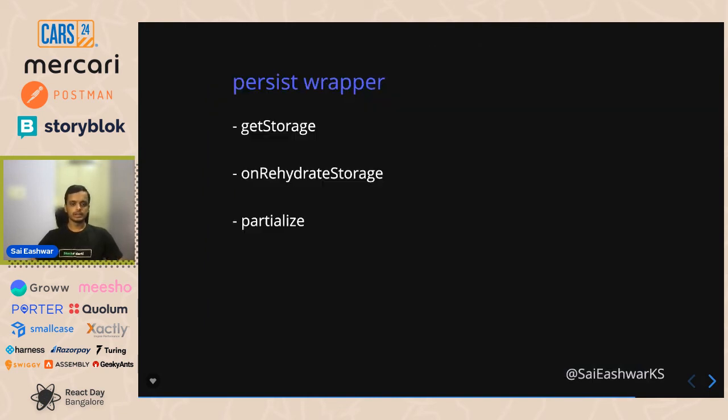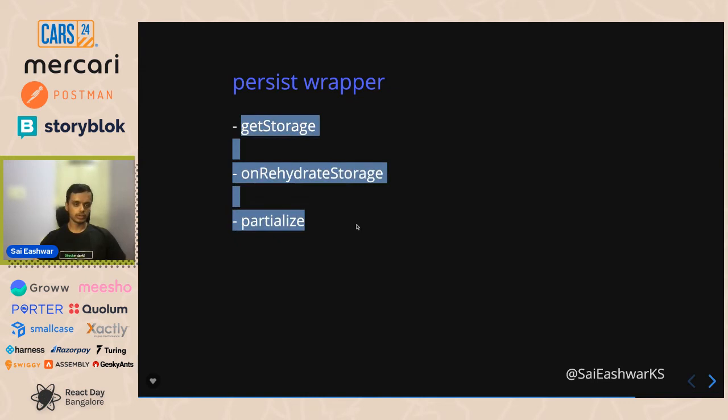Next comes persist. Zustand provides a middleware called persist, which helps in persisting our state to memory. There are multiple options, but we thought we should provide default behavior for three of those options. One is get storage, which tells Zustand which storage to use for persisting. Another option is on rehydrate storage, which is a callback.